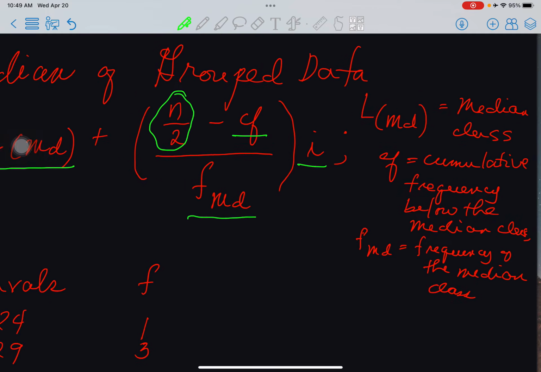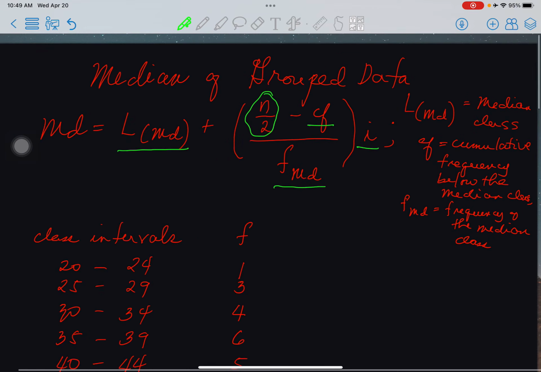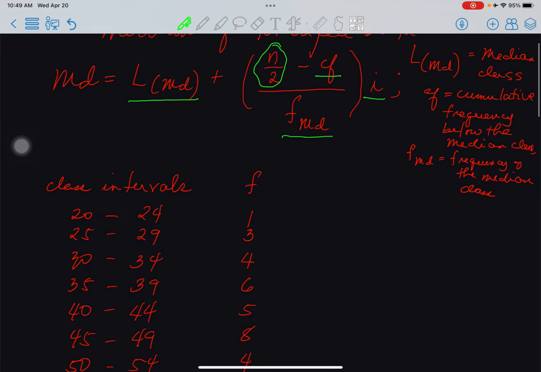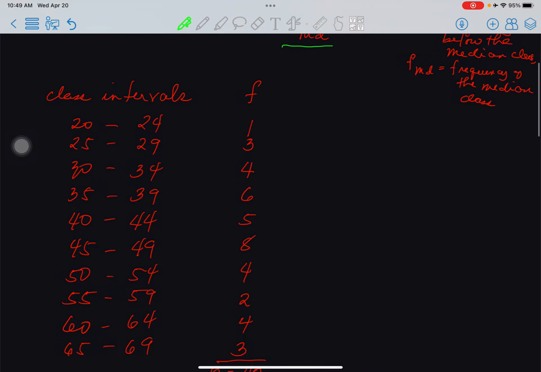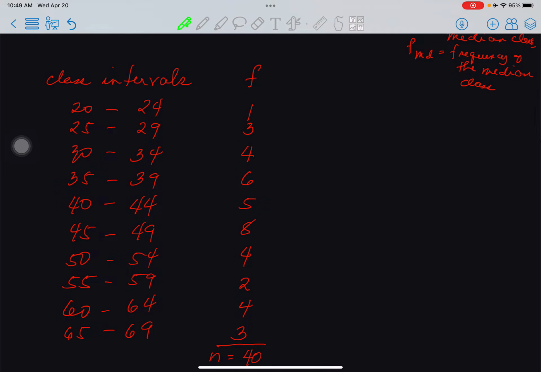Now let's have our example. I have here a frequency distribution table. First, we have to identify our median class. What is the median class?